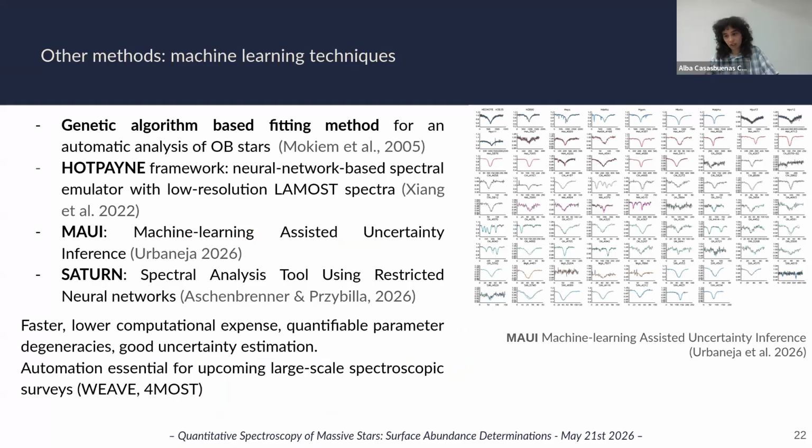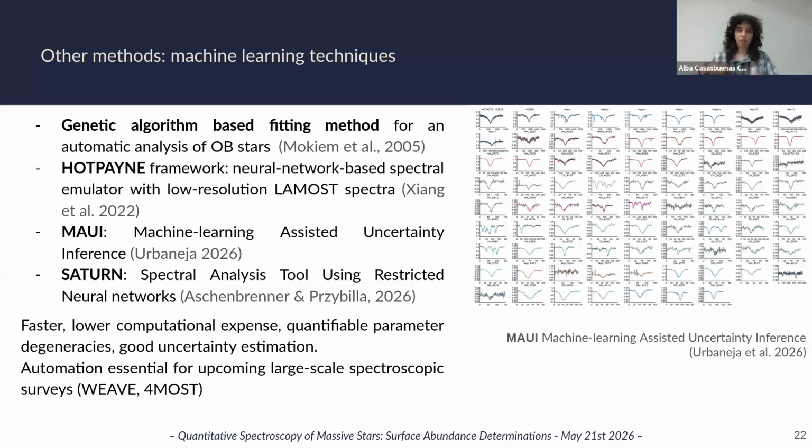And then these are the two main traditional techniques that are used for determining surface abundances, but I wanted to also speak a little bit on some other newer methods that are currently being implemented in the last few years to improve the determination of abundances and the quantitative spectroscopic analysis in general, using some machine learning techniques.